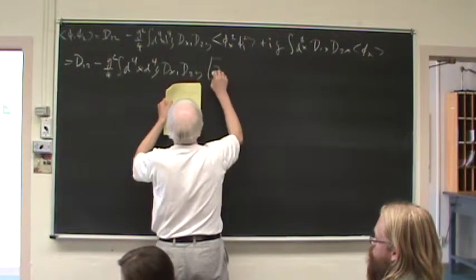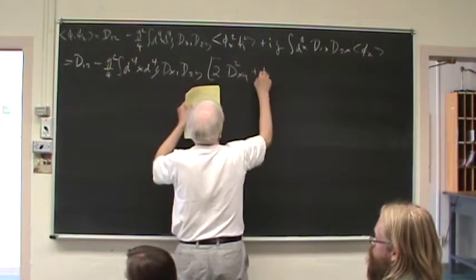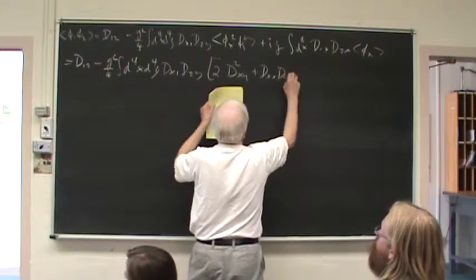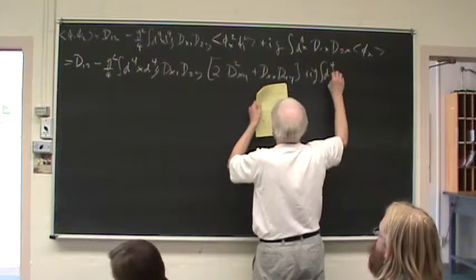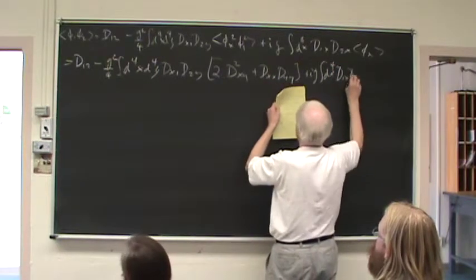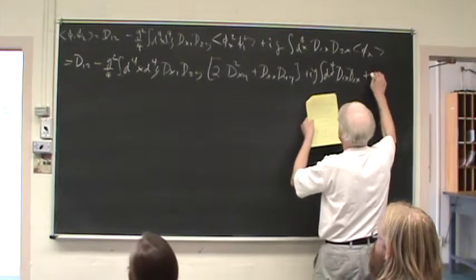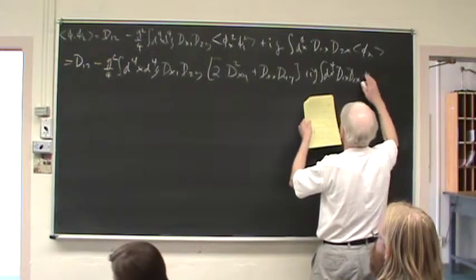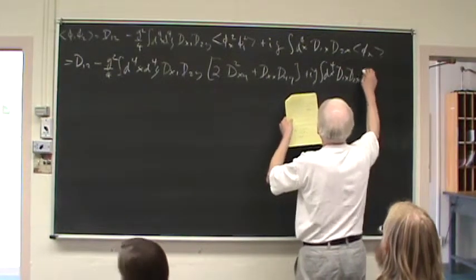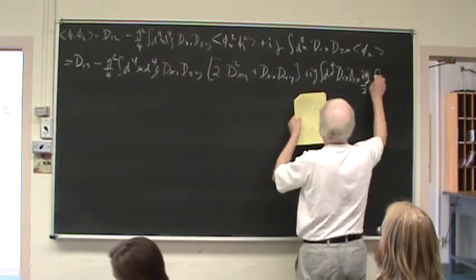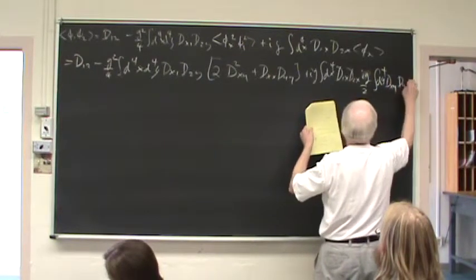And substituting in, we get 2D² xy squared plus Dxx Dyy, plus ig d⁴x d1x d2x, times, sorry, times ig over 2 d⁴y Dxy Dyy.